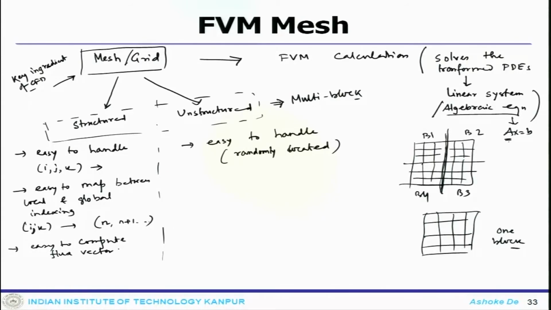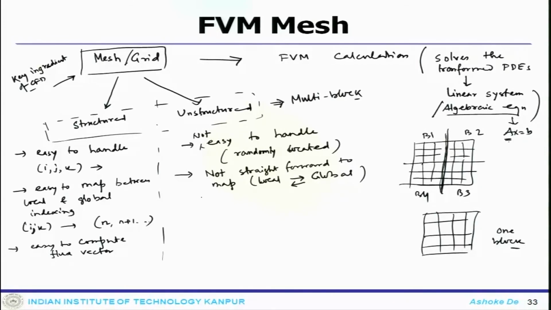Okay. And at the same time, here in the unstructured system, it is not straightforward, I would not say easy, it is not straightforward to map, that means local to global, or vice versa, global to local.